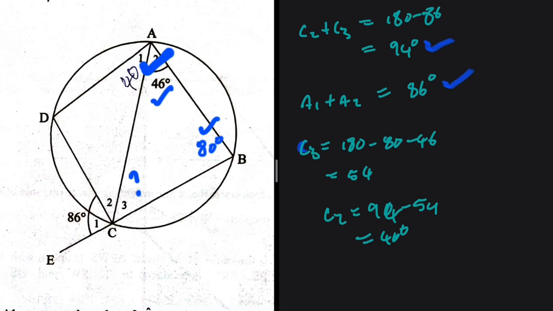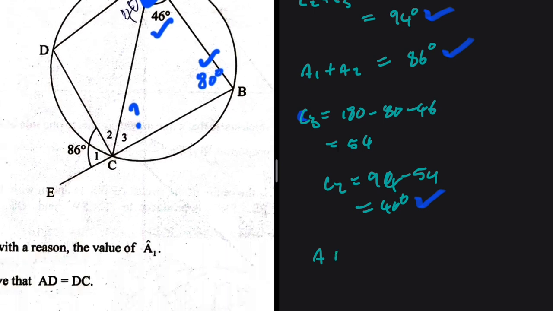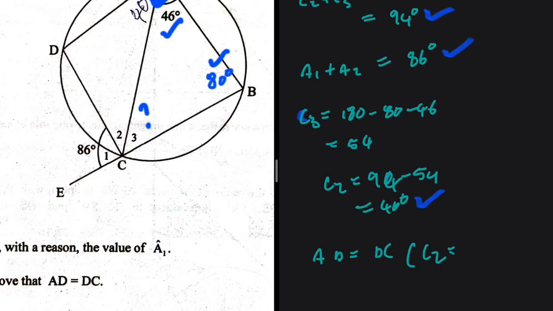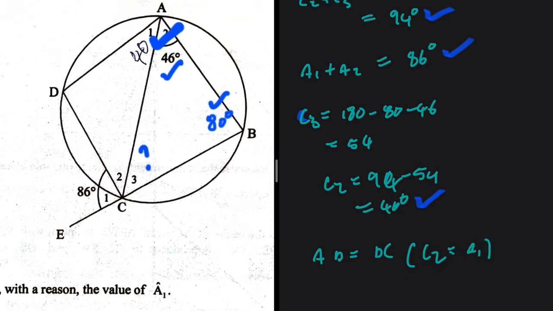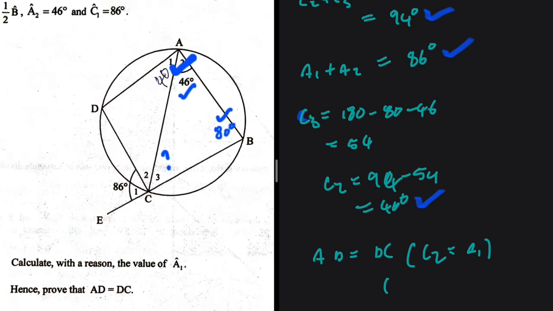So we have shown that C2 is equals to 40. So we can say that AD is equals to DC. C2 is equals to A1. Angles opposite equal size. Yeah, we're sort of reaching there in reverse.